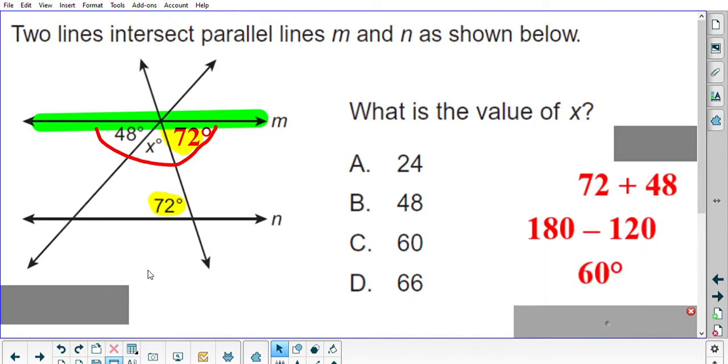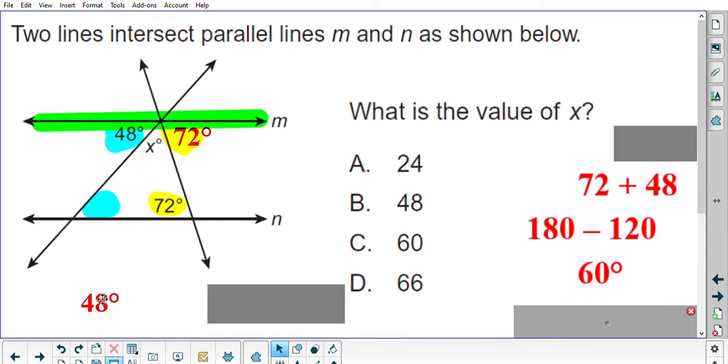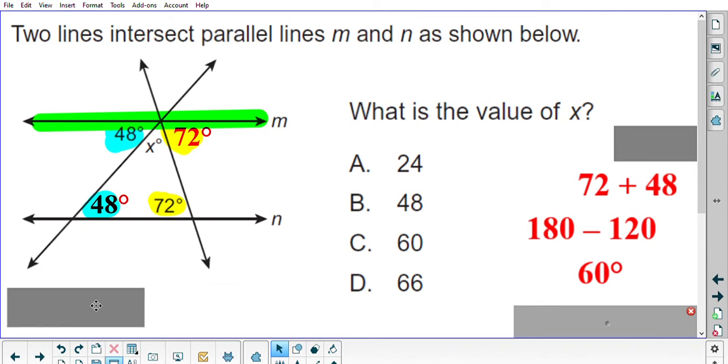Now, there is another way you could have done this problem. You could have realized that the 48-degree angle is an alternate interior angle with this angle in the corner of this triangle that's formed. And so that angle is also 48 degrees.